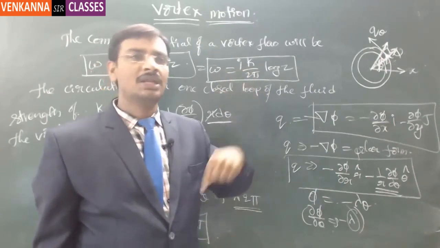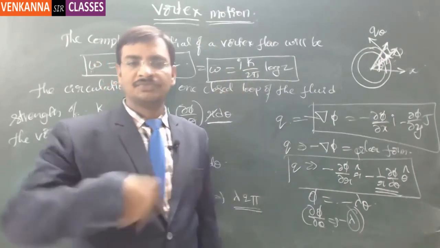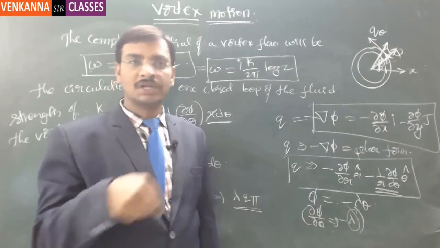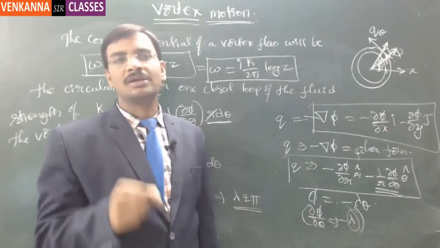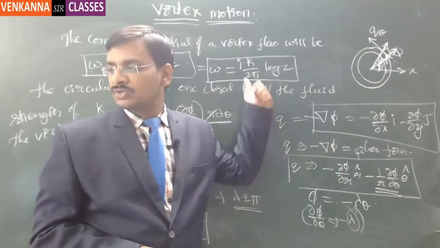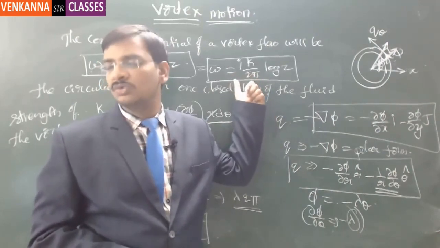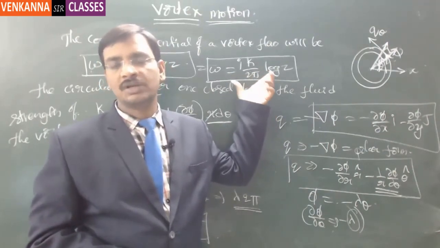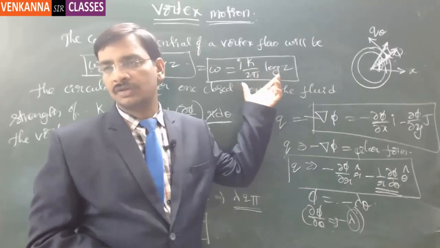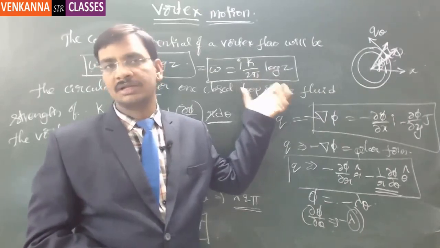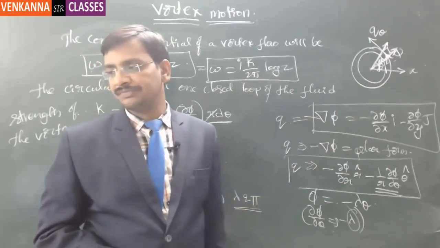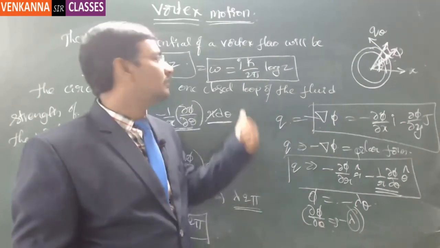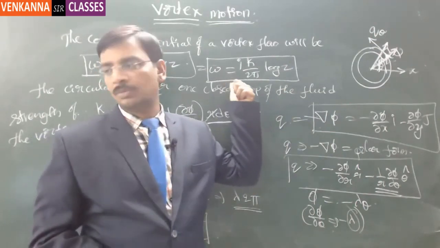So any vortex is nothing but a rotational flow. The rotational flow we can model as a complex potential. We can use this complex potential to find the stream function, the potential value, or the velocity components, maybe in the radial direction, maybe in the theta direction. All such information we will get only with the help of this complex potential.